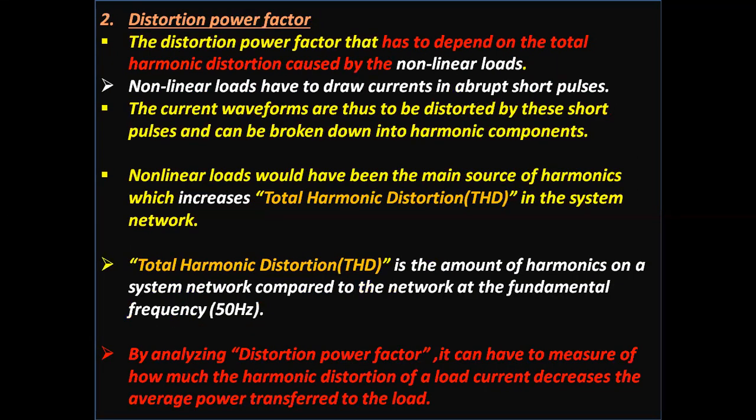Number 2, distortion power factor. The distortion power factor depends on the total harmonic distortion caused by the nonlinear loads present in the system. Nonlinear loads draw currents in abrupt short pulses.